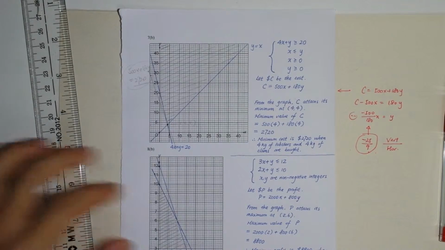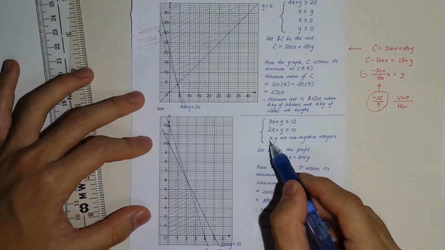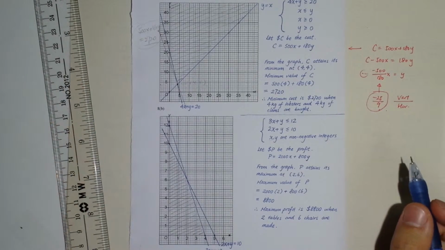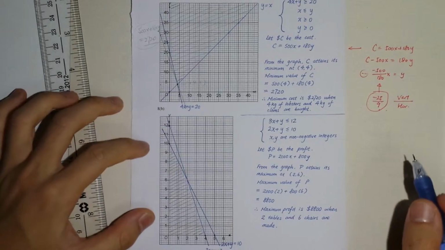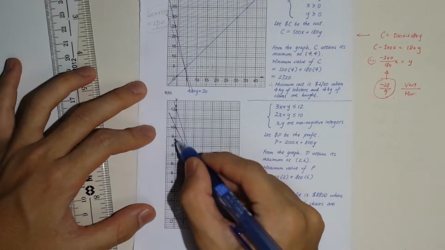For number 8, there are some problems also, especially when you know that these are non-negative integers. So how to represent integers on the graph? Actually, you have to mark all the dots here.